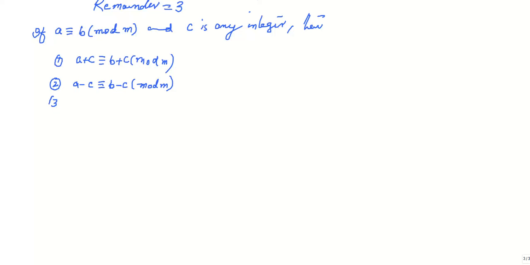Number 3, any integer can be multiplied on both sides of the congruence.